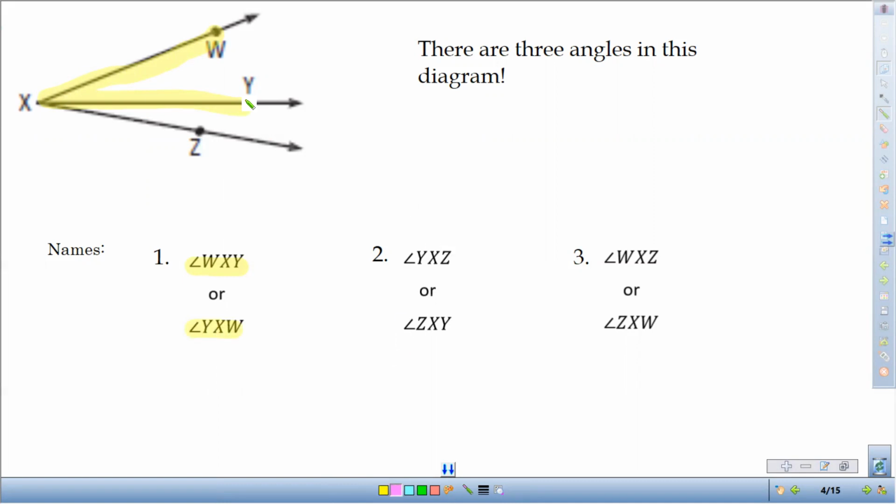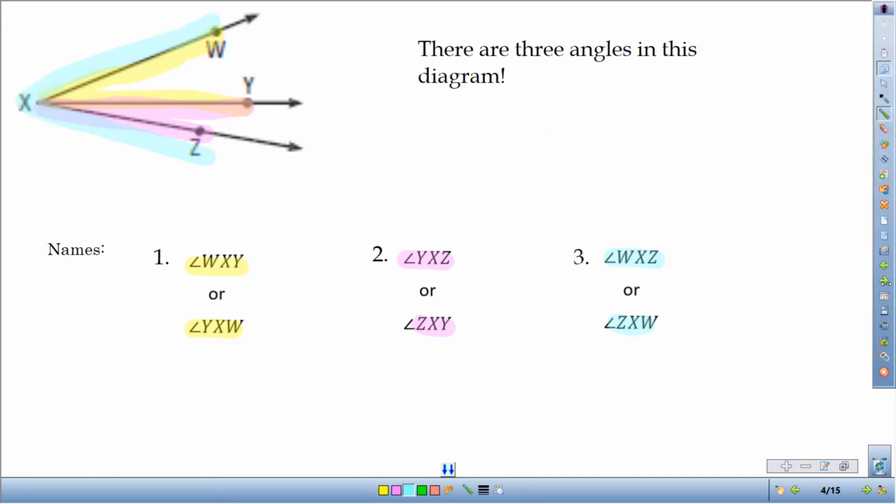There's Y, X, Z. So Y, X, Z. You can also go the other way, Z, X, Y. And then the last one is the two angles together, W, X, Z. So W, X, Z, or opposite Z, X, W. Again, you can't just use the vertex because there are three. And notice that the vertex, when you're naming it, is always in the middle.